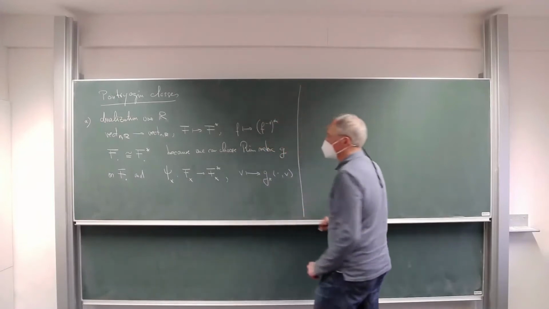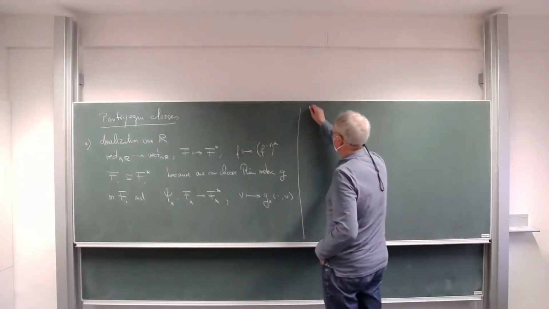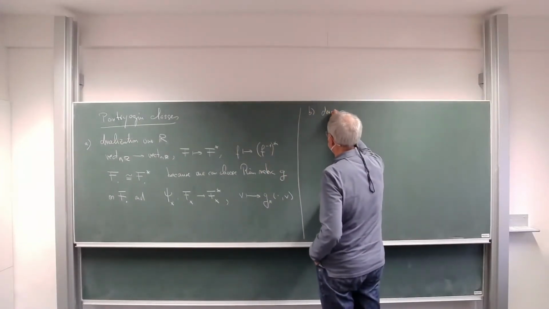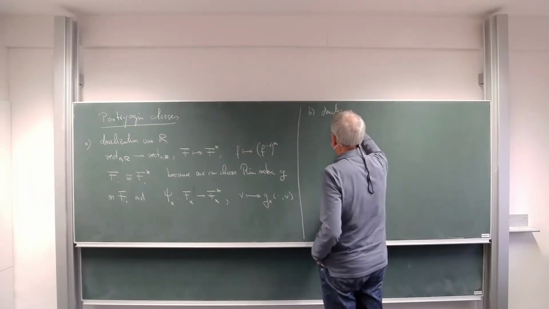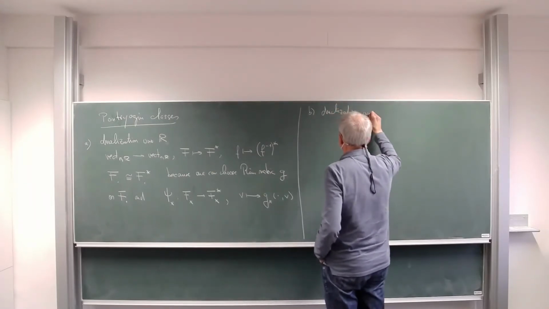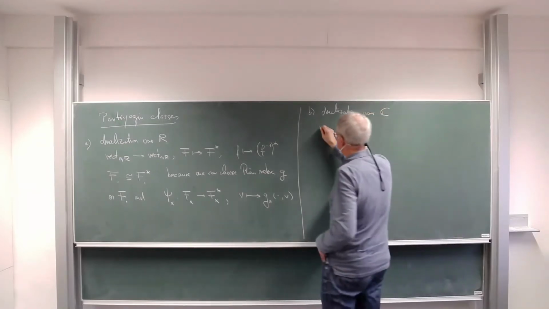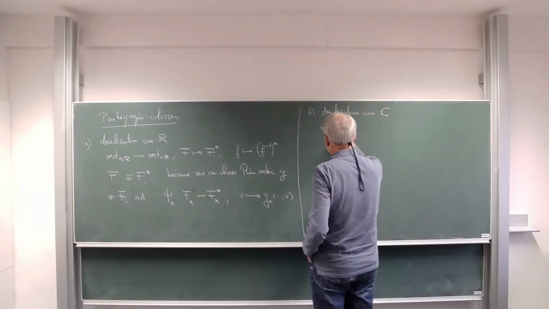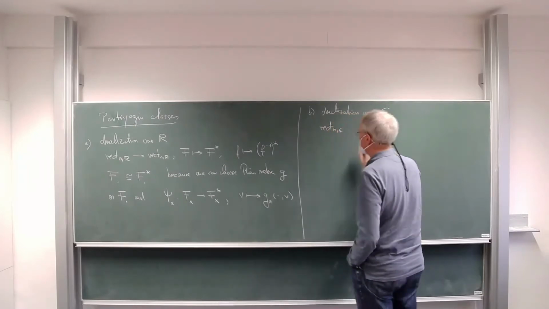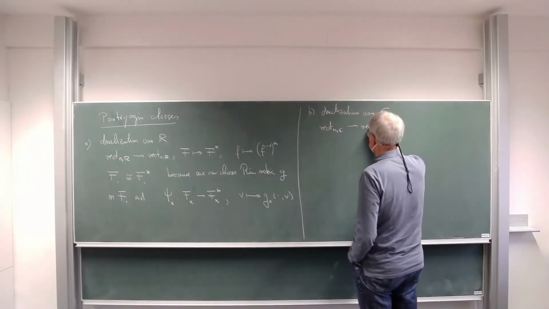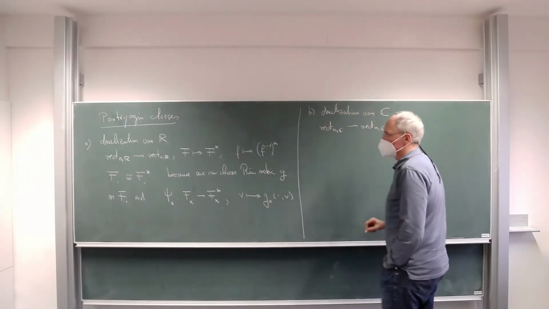First of all. Secondly, we can do dualization also over the complex numbers C, of course. Then we are working in the category of n-dimensional complex vector spaces, and we do pretty much the same thing.